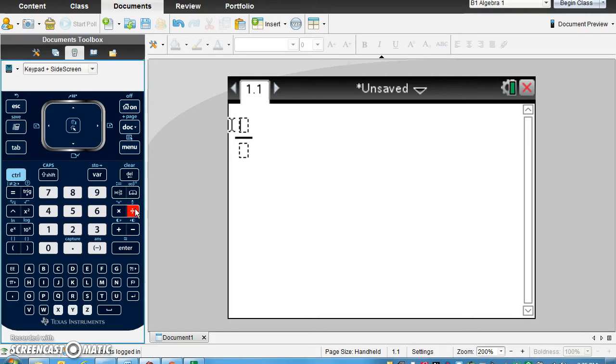So we'll have negative 32 plus the square root of 32 squared minus 4 times 4 times negative 60 all over 8 and enter.